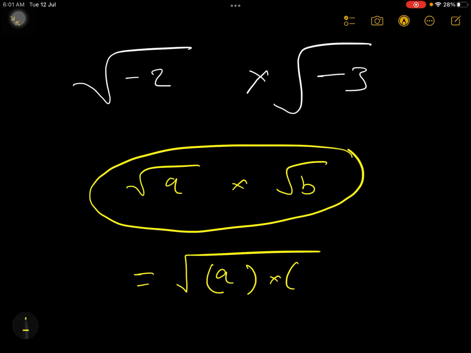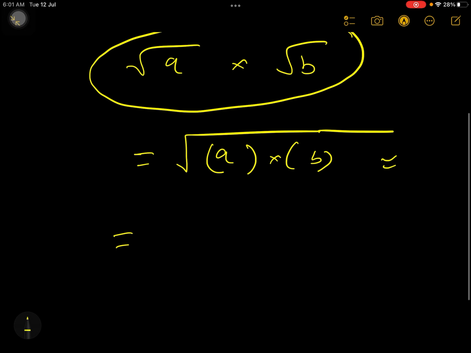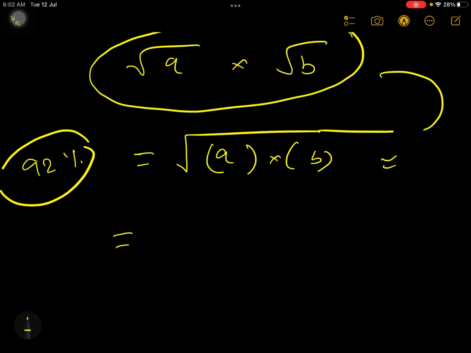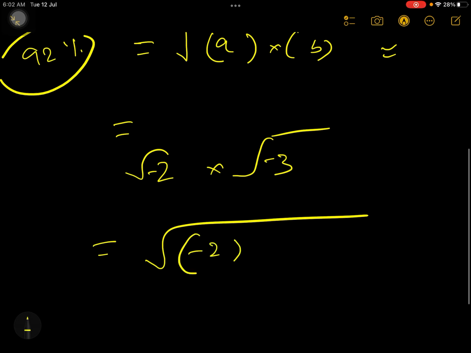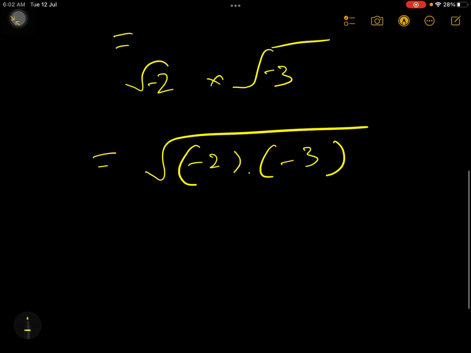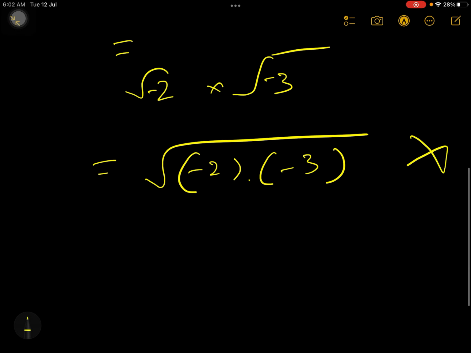Based on this, many of you, maybe 92%, may think that if you apply this concept to under root minus 2 under root minus 3, it will come as minus 2 into minus 3. But reality is not this. It will not come like that.